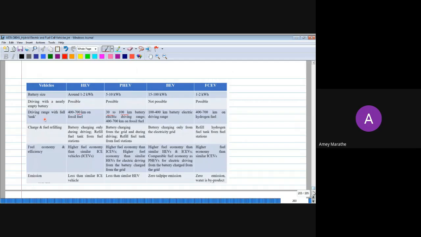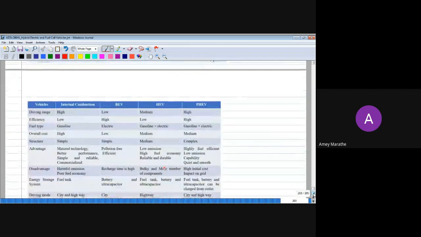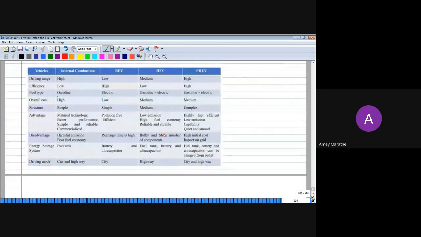So we know that these are emission and zero emission vehicles. Again, driving range for IC engine is high, battery electric vehicle low, hybrid electric medium, and plug-in hybrid high. Efficiency, IC engine, we know it has a low efficiency. Battery electric vehicle has high efficiency. Hybrid, again, low. Plug-in hybrid, high.